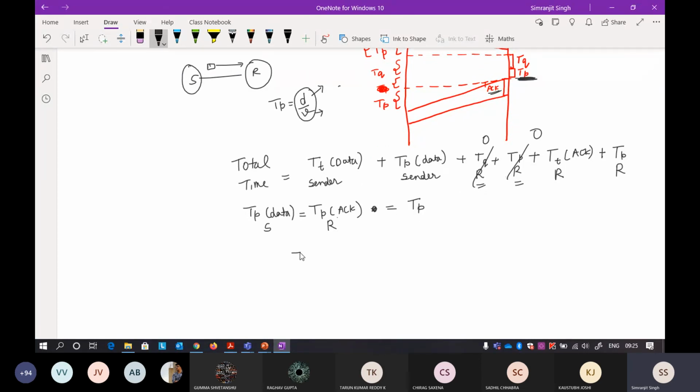Now if both are equal, the transmission times will be different, because data and acknowledgement have different sizes. So TT of data from the sender side and TT of acknowledgement from the receiver side, I cannot call these equal because the acknowledgement has a different size and the data has a different size.